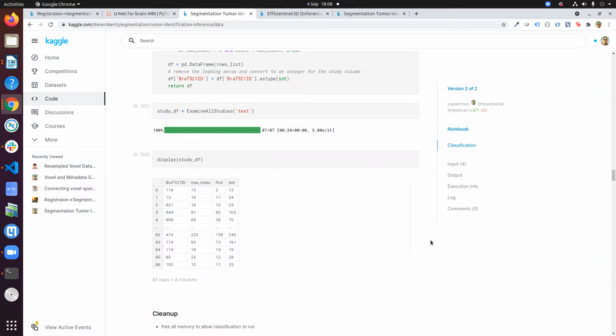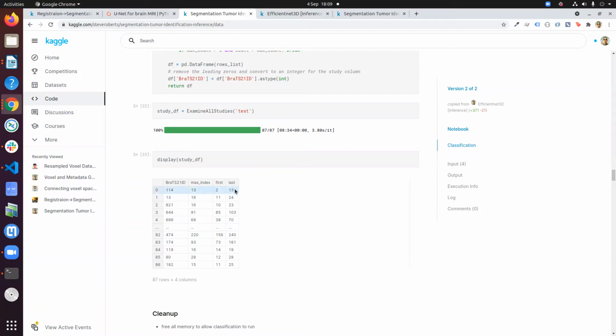But then I found, since I'm just taking the raw DICOM image and putting it in, you can see here this is the index of the slice which has the maximum number of tumor pixels. And this is the first slice where it detected some tumor, and this is the last slice where it detected tumor.